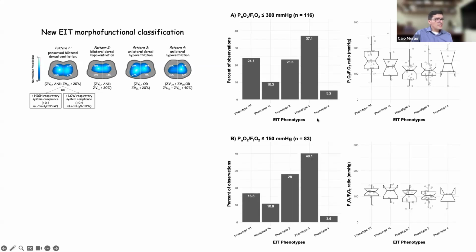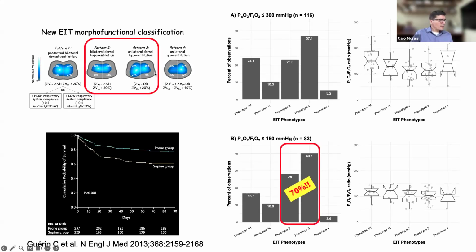But something interesting: when we use a cutoff of 150 of PF ratio, that is the current status for defining proning or not a patient, we were able to see that these patterns of dorsal lung disease, bilateral or unilateral, correspond to 70% of the patients. So the majority of patients with ARDS due to COVID had dorsal issues.